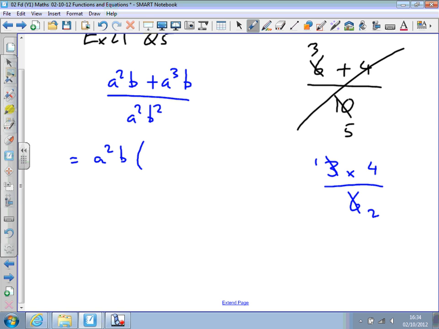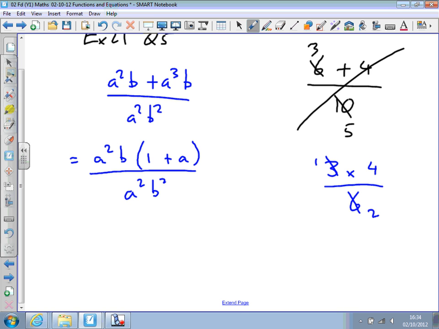What have I got to times a squared b by to get a squared b? 1. What have I got to times a squared b by to get a cubed b? Right, a. Over a squared b squared.